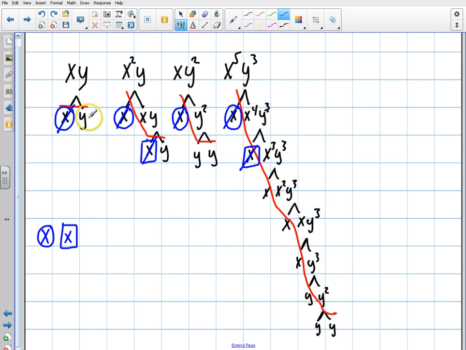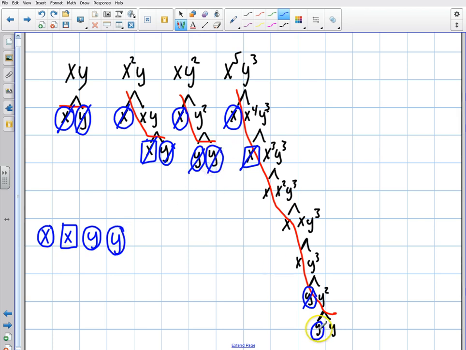Are there any more x's that they have in common? Nope. So let's look at y's. Here's a y that's in common here, here, here, and here. Take it out once with the circle. One, like this, like this, like this. Is there another y that's in common? Right here. Right here. Take it out once.